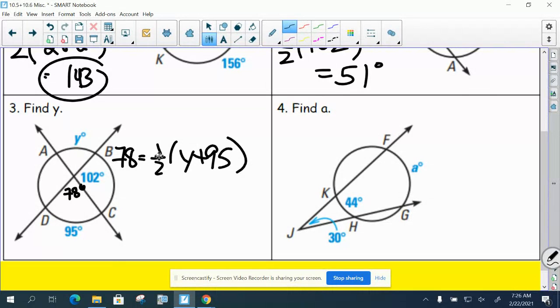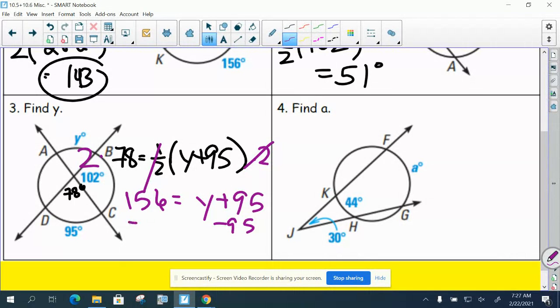So now we've got an equation that we have to solve for y. What you can do first is get the 1/2 over to the other side by multiplying by the reciprocal 2. So this would be 156 equals y plus 95, because the 2 and the 1/2 would cancel, and then minus 95 on both sides, and that would give you 61.